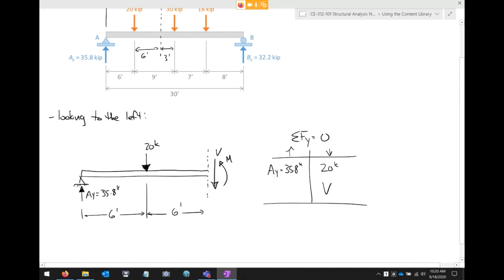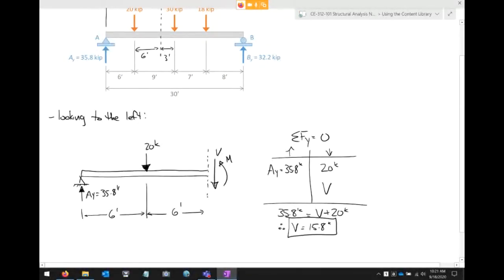Now, do I consider the bending moment? Well, we've had these types of problems before. When you're summing forces in the y direction, do you consider concentrated moments? No, because it's not a force, it's a moment. So we ignore that. So 35.8 is V plus 20 kips, and therefore V is 15.8 kips.